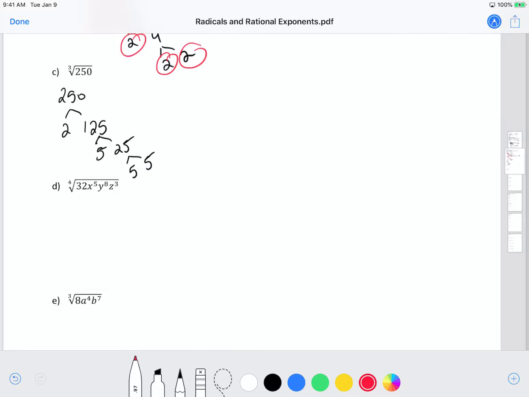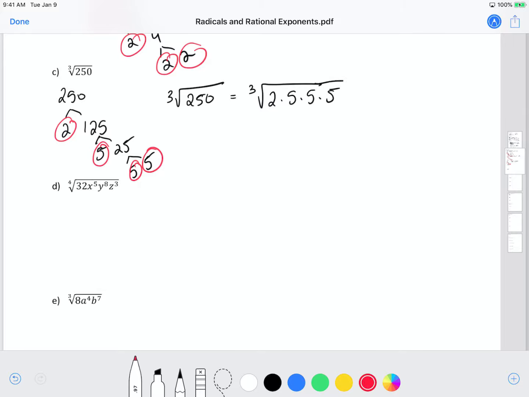So my factor tree, I have 250 is equal to 2 times 5 times 5 times 5. So I'm going to rewrite the cubed root of 250 as the cubed root of 2 times 5 times 5 times 5.